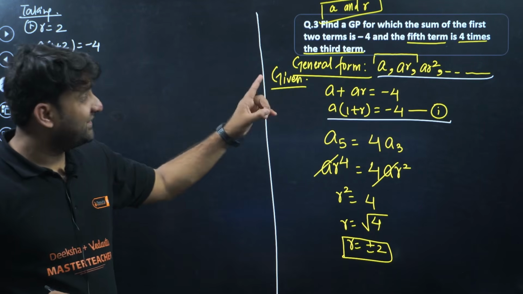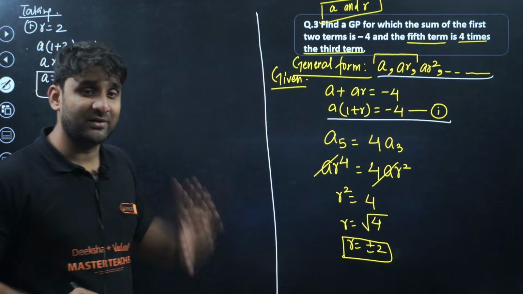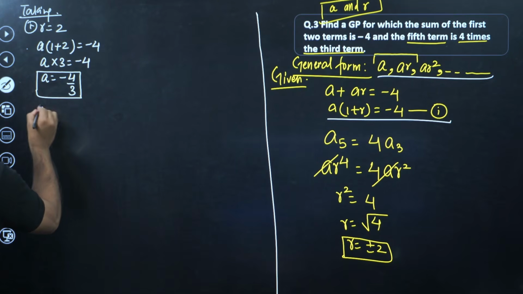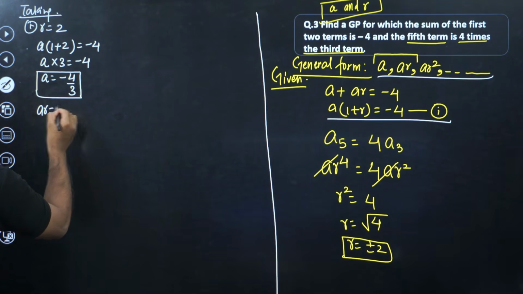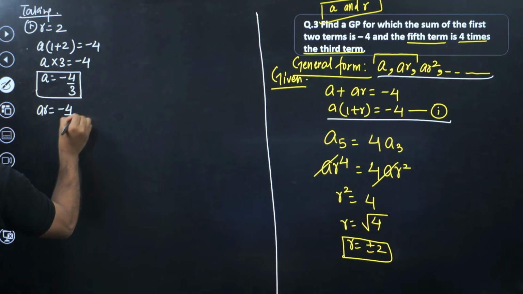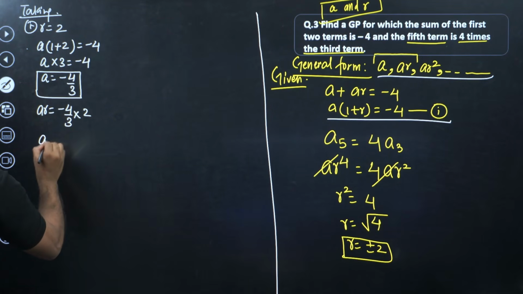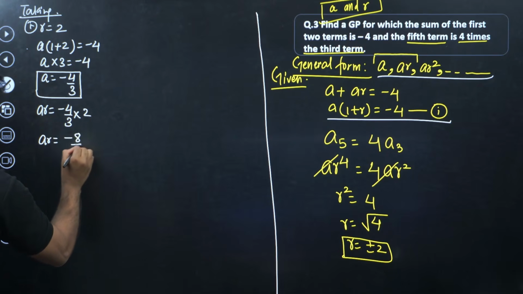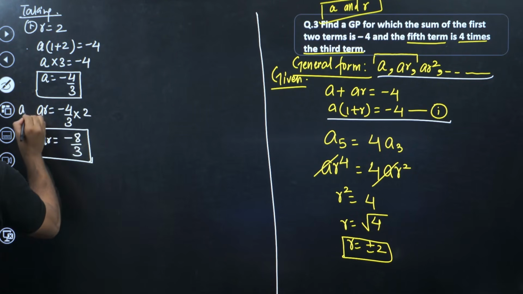The general form is A, AR, AR square. So we have A, now AR. A is minus 4 by 3 and R is 2. So AR is equal to minus 8 by 3. This is the second term, guys.